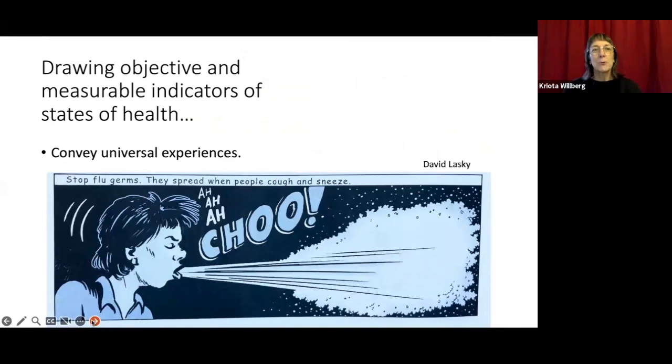But when we're drawing objective states of health, they often convey universal experiences, and that can make them very effective. This is from a comic by David Lasky. And if anyone taking this workshop has never sneezed, I would actually be very shocked, right? So again, universal experience, very dramatic, very good illustration there.